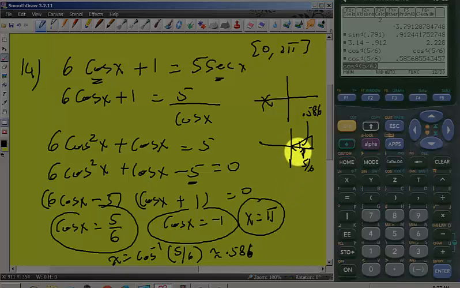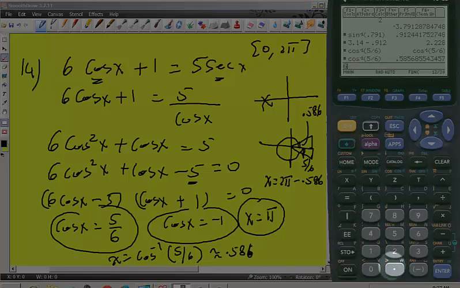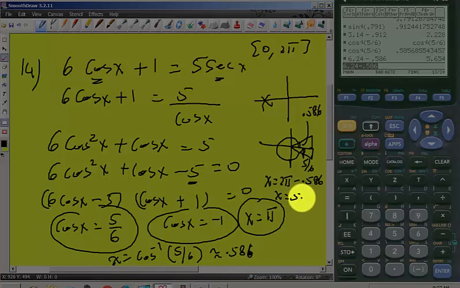That means you got to go find this angle right there. That's 2 pi. So x is going to be 2 pi minus 0.586 because I can't go to negative direction. So that would be 6.28 minus 0.586, equal to, x is equal to 5.654.